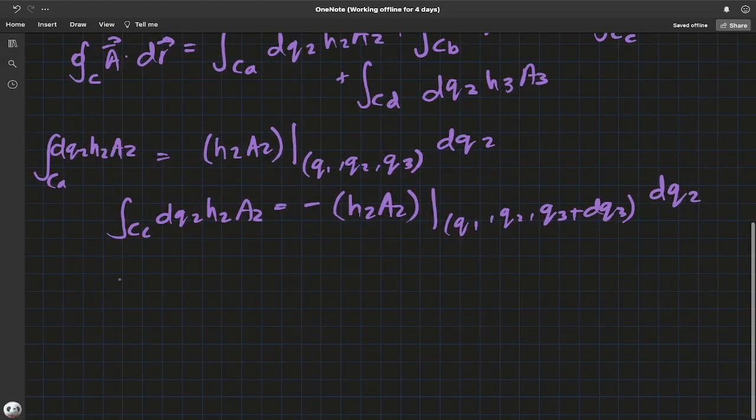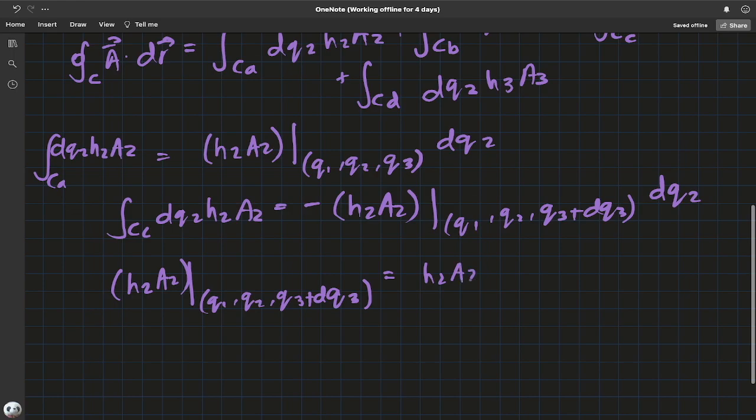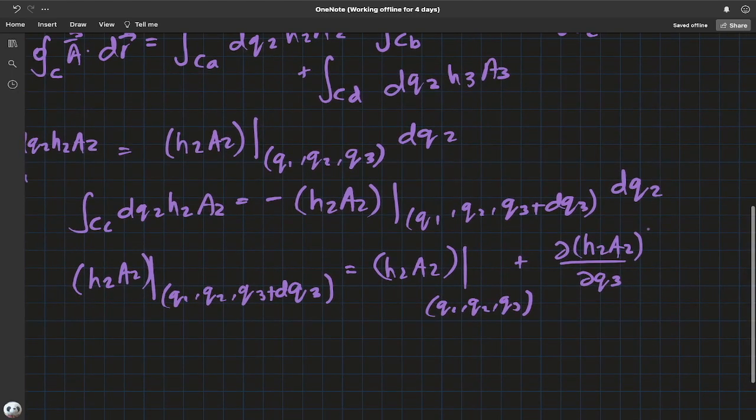Okay, club these two again, because notice h2a2 at q1 q2 q3 plus dq3 is just going to be h2a2 like before at q1 q2 q3 plus partial h2a2 with respect to q3 evaluated at q1 q2 q3 dq3.